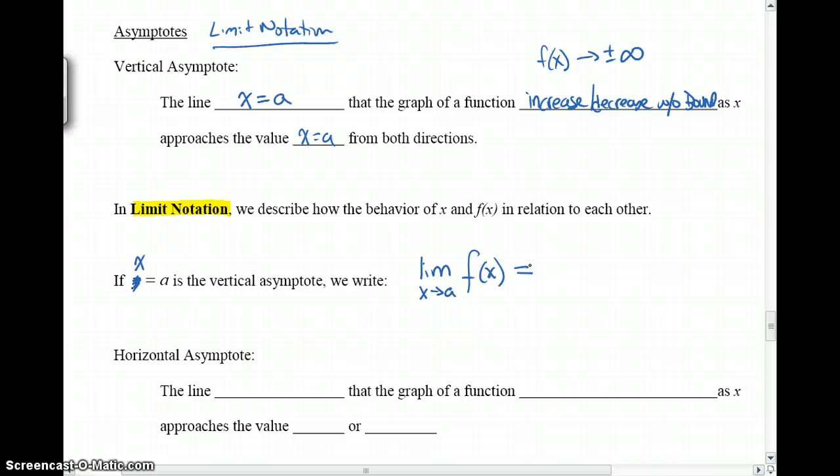When you're talking about a vertical asymptote, it's going off in both directions. Let me erase that. That's going to be strange if I leave that. But it approaches positive or negative infinity. It never crosses. We never ever cross the line x equals a.